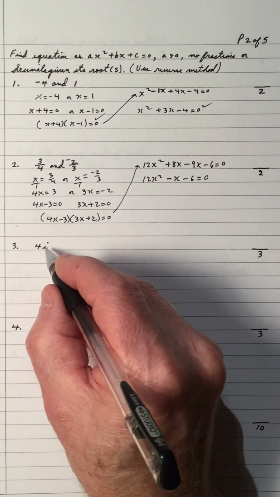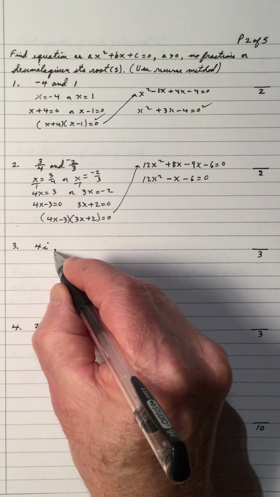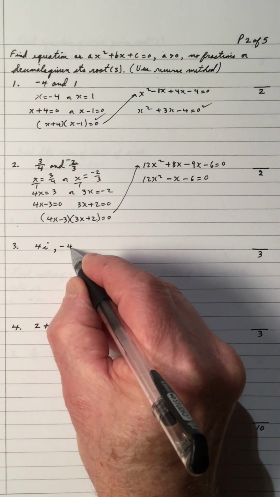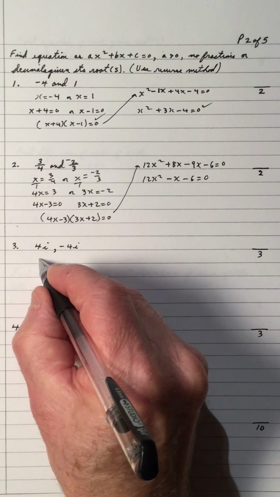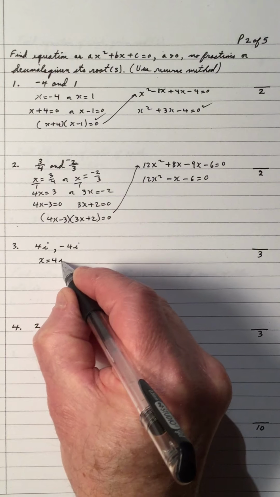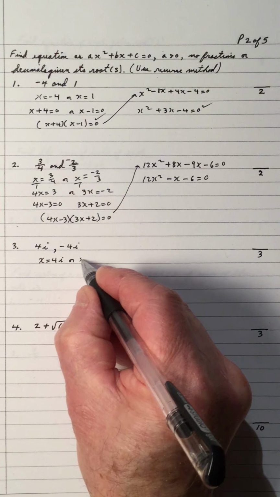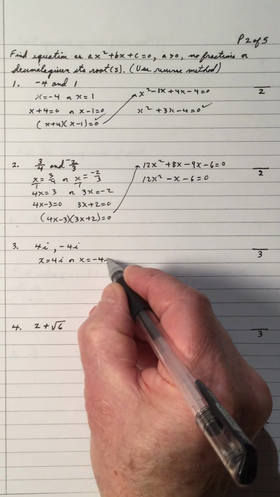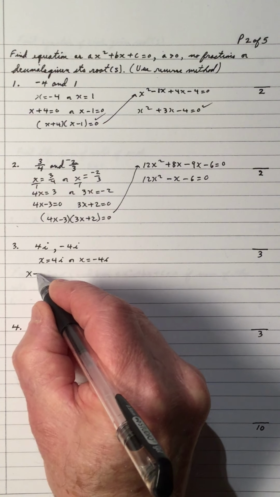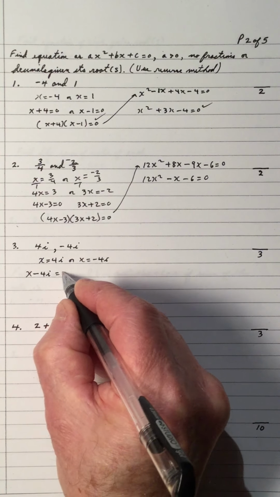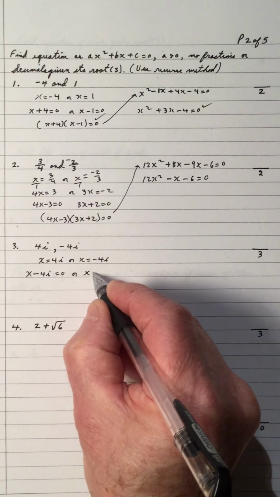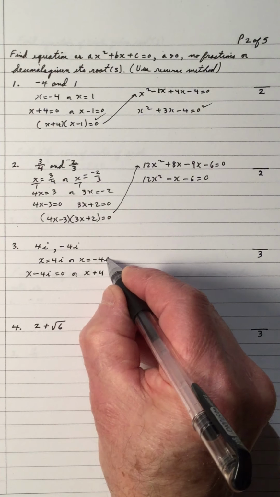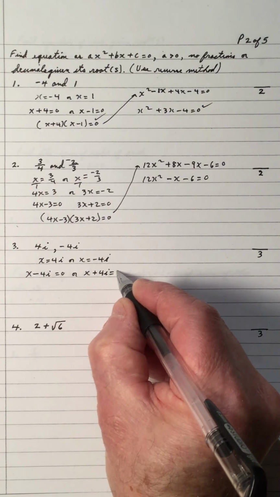Number 3, we have a 4i. So they're in conjugate pairs, so we have a -4i, imaginary numbers. So we let x equal 4i, or we let x equal -4i. So x minus 4i equals 0, or x plus 4i equals 0.